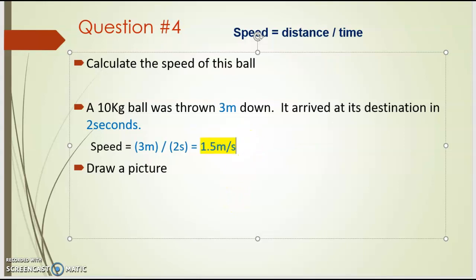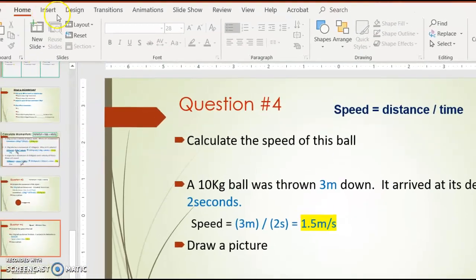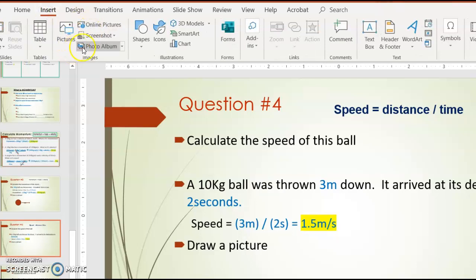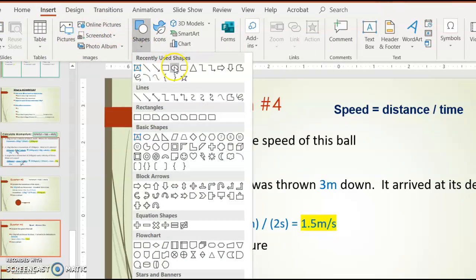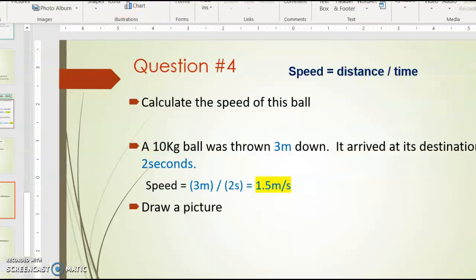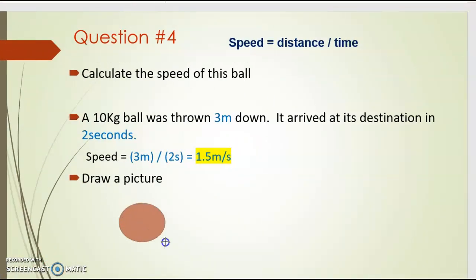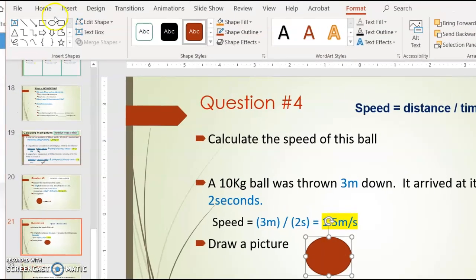That is the speed. But it also says to draw a picture. Well, if we're going to draw a picture, it said it was thrown down, right? A ball was thrown down. So I can go up here just so you can see kind of how I'm doing this. I can go up here to Insert, Shapes. I pick my shape, and I come back down and I draw my shape. I can put it wherever I want it. I go back up to the Insert Shapes.